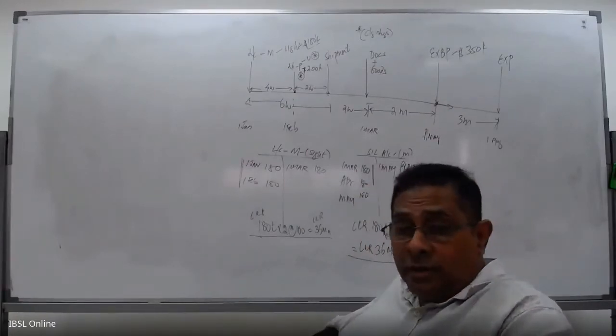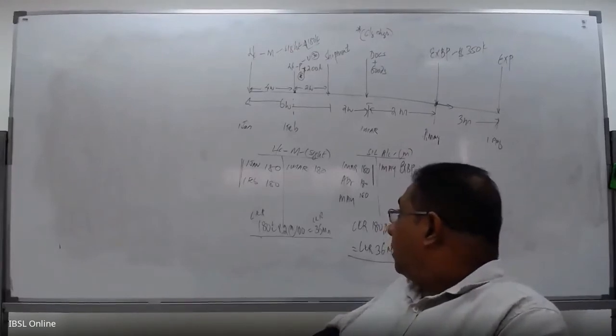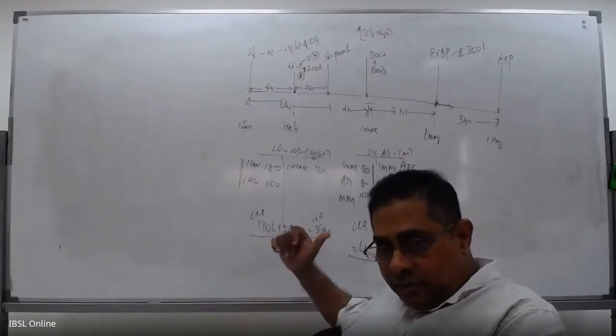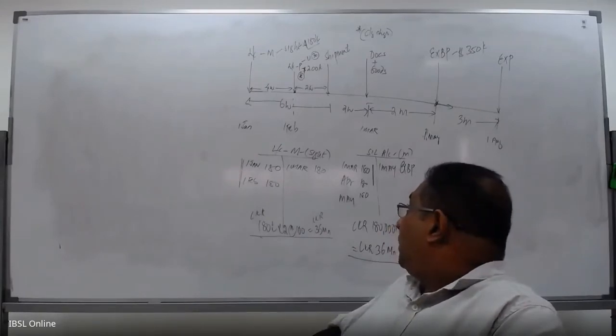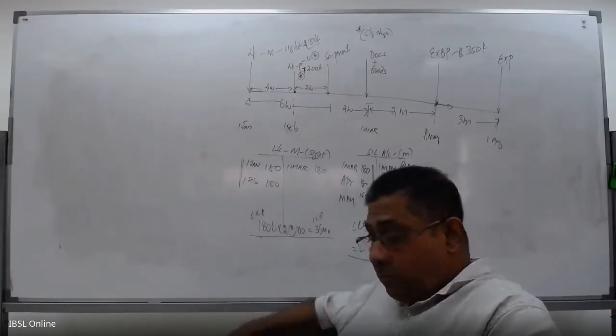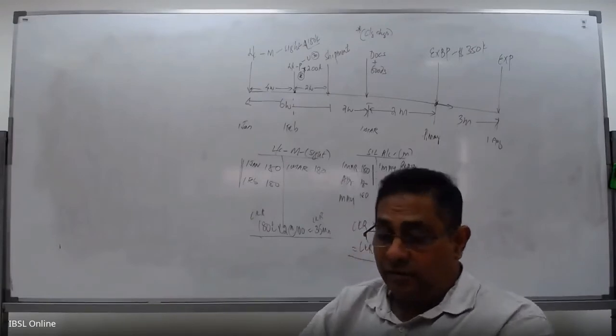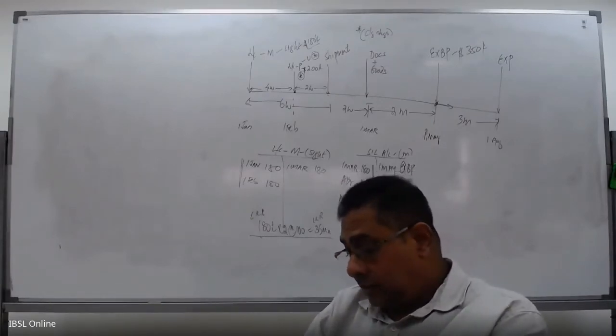Sorry, not 1 month, 2 months after the date of LC. Date of LC is 1st Jan, documents are released 1st March, right? 2 months after the date of LC, not 1 month, 2 months.